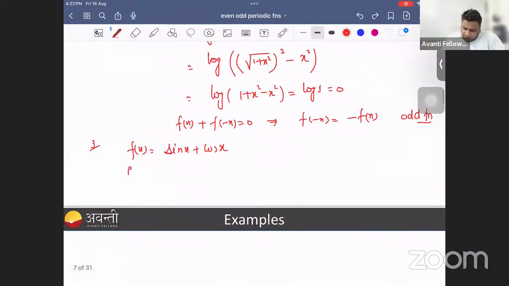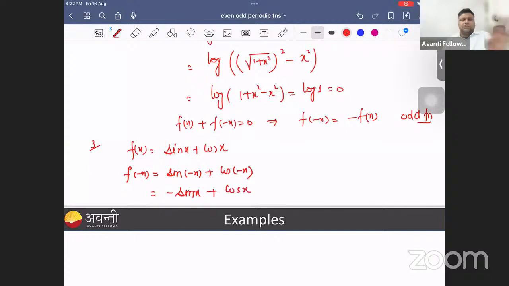Tell me one thing. If I try to find f of minus x, it will be sine of minus x plus cos of minus x. Sine of minus x is minus sine x. Cos of minus x is cos x. Cos absorbs its minus sign. Now, if you realize, f of x is not equal to f of minus x, also f of x plus f of minus x is not equal to 0.